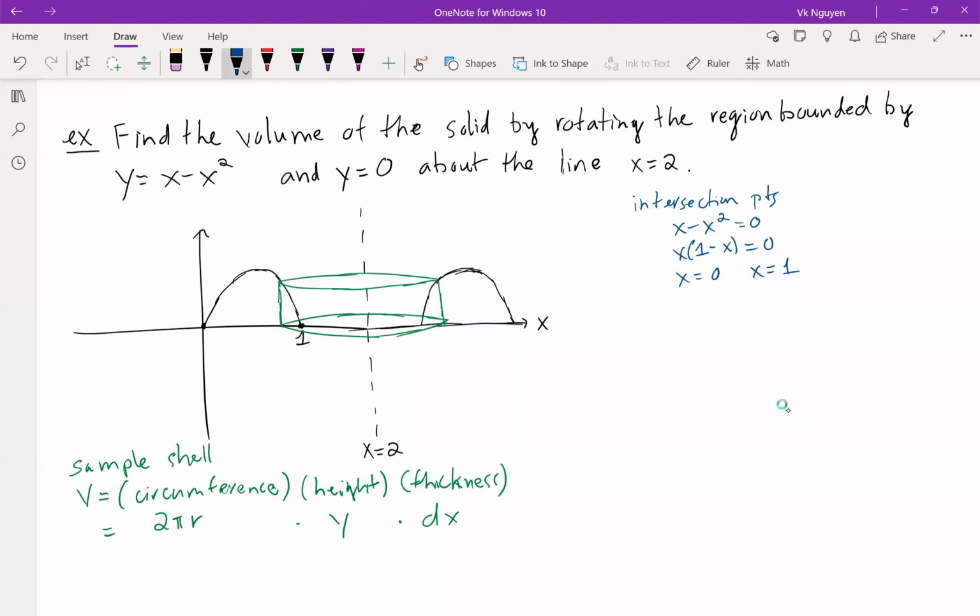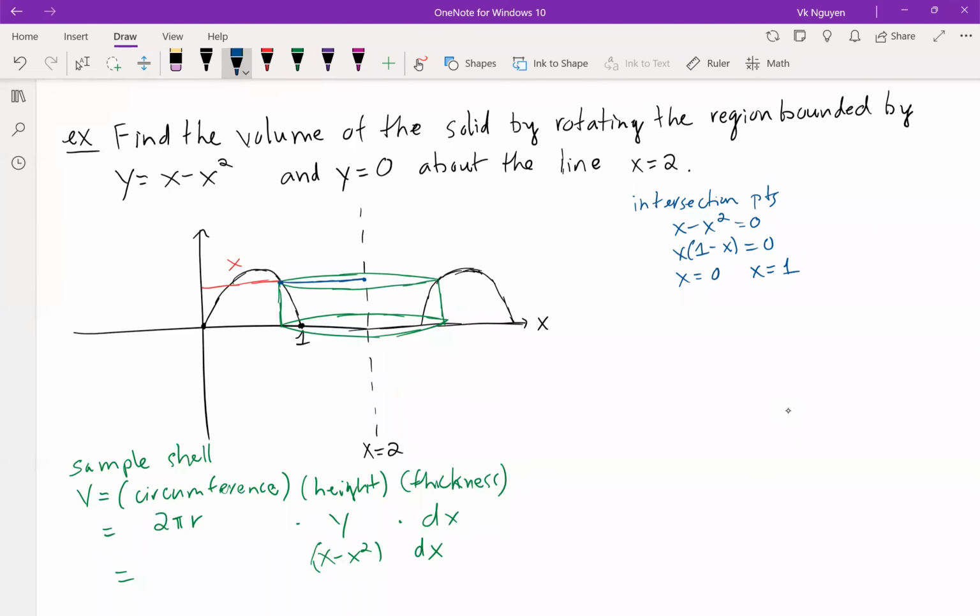The height is y, and then we know y is x minus x squared. The radius, this would be the radius right here. As you can see, it is a distance of 2 minus x, because this distance right here is x.